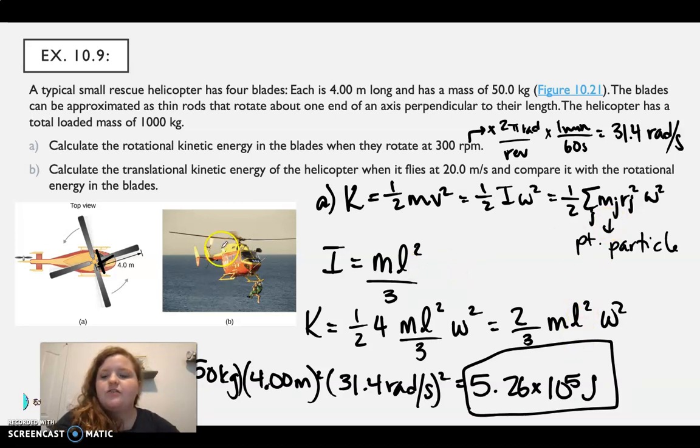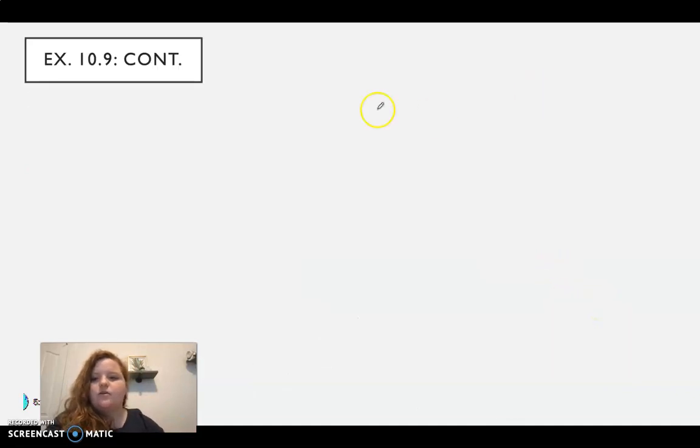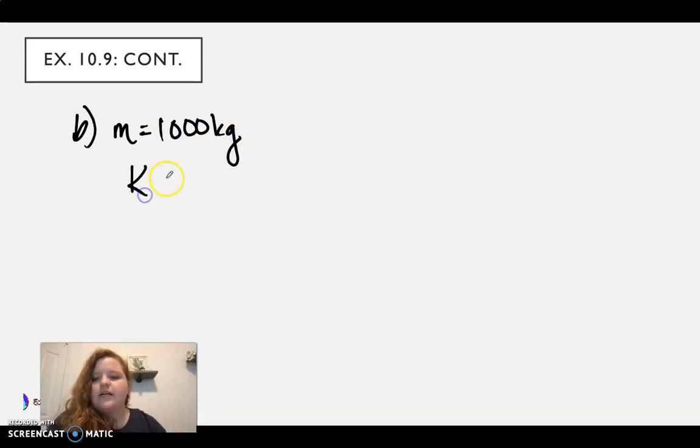So now we want to find the kinetic energy of the helicopter when it flies at 20 meters per second and compare it with the rotational energy in the blades. The helicopter has a total loaded mass of 1,000 kilograms. And we want to know the kinetic energy of this.